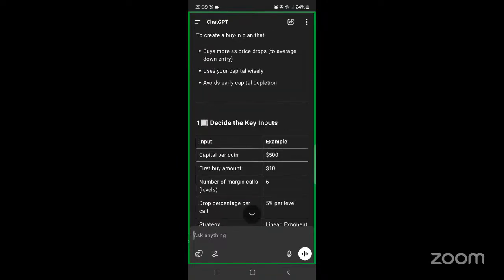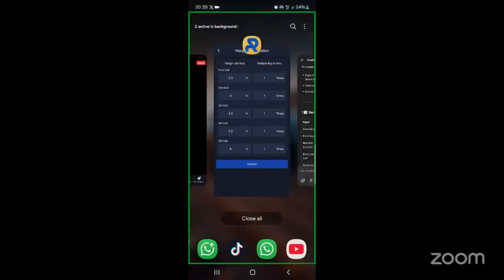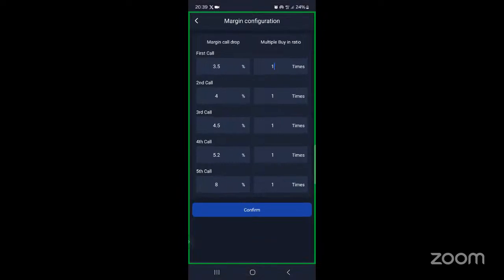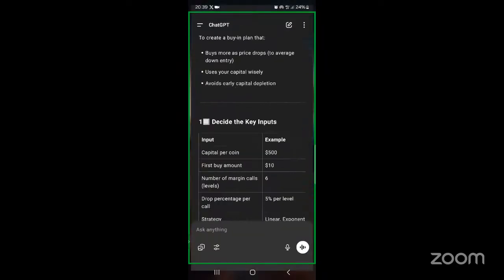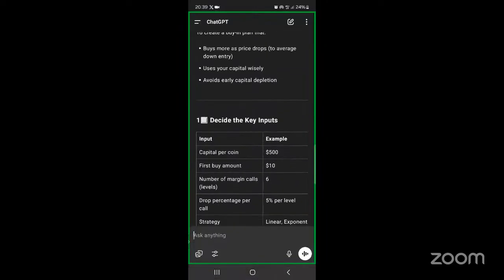Remember, we want to protect your capital. This is very important. So it is at this page here where we put in the strategy that is going to enable us to not just protect our capital, but to get the best offers on the coins as the price goes down.